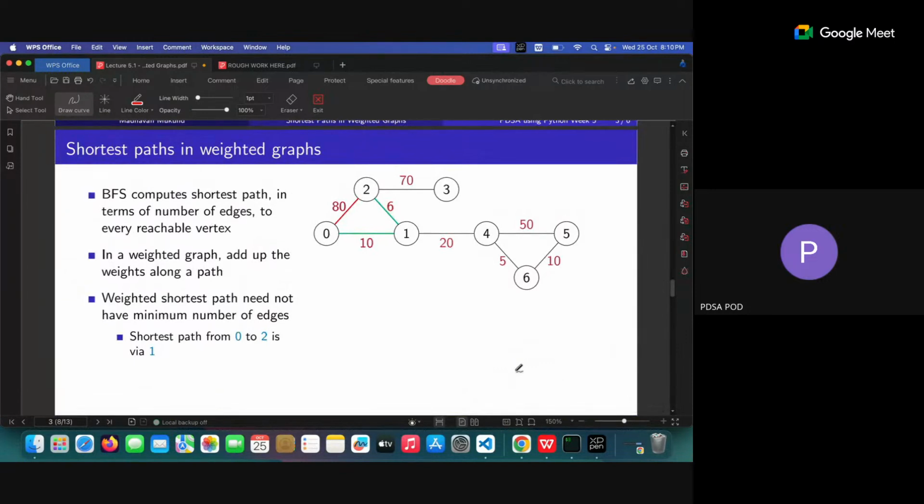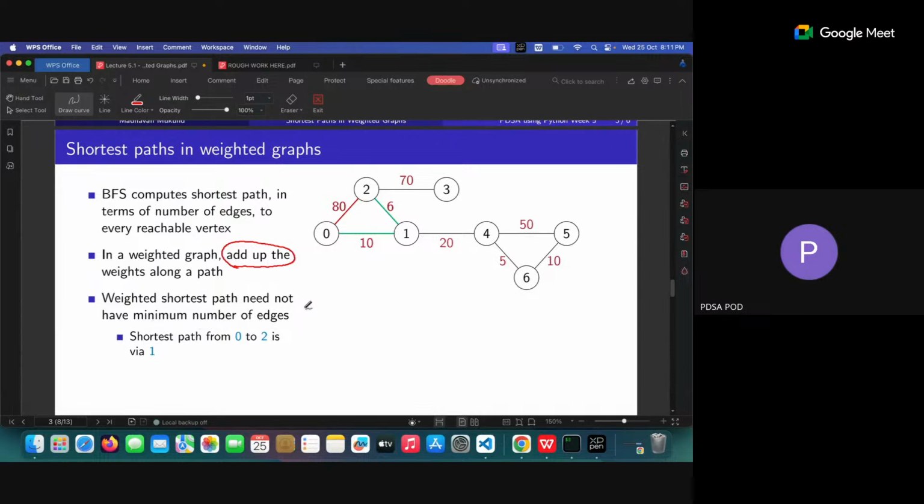Look at it. With the weighted graph, we are adding up the weights along the path while traversing from 0 to 5. The weighted shortest path need not have the minimum number of edges.